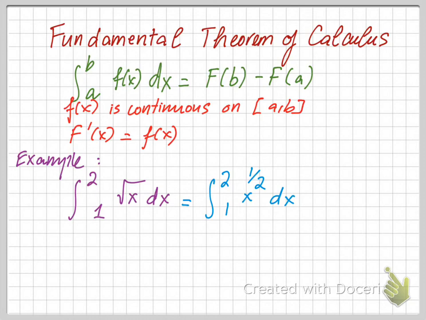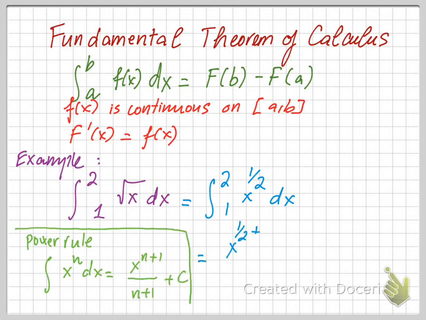Then I convert square root of x to x raised to 1/2 dx. So then I can use the power rule to find the antiderivative of square root of x. The power rule says if you want to find the integral of x to the n dx, it's going to equal x raised to n plus 1 over n plus 1 plus c.